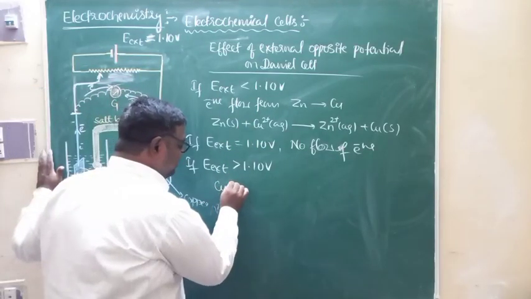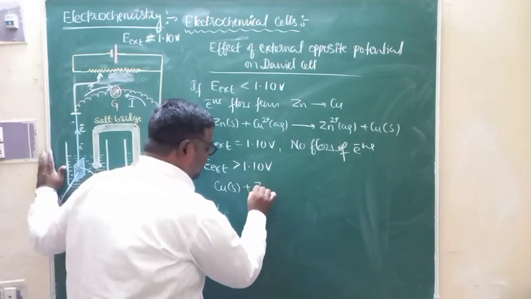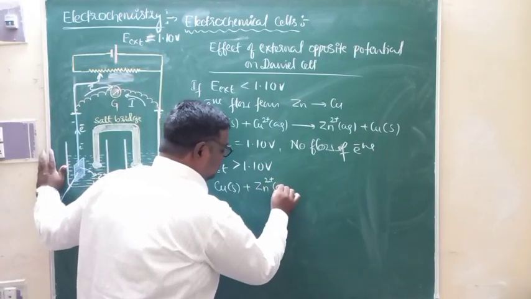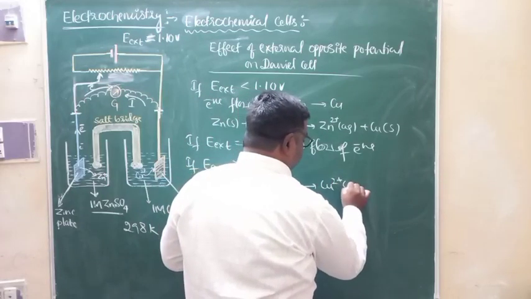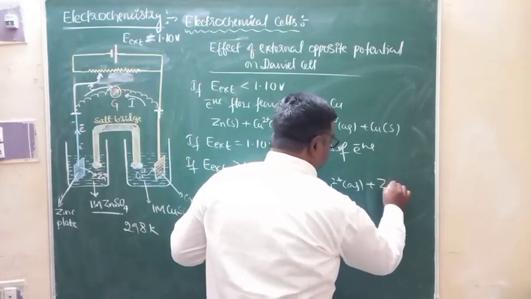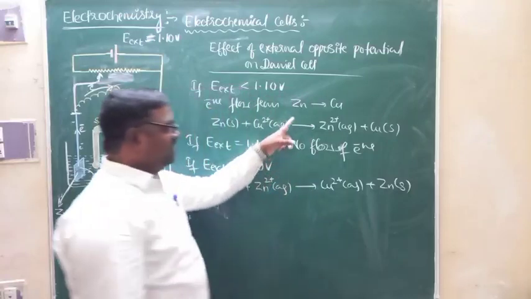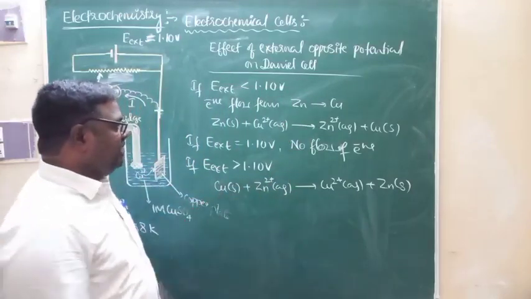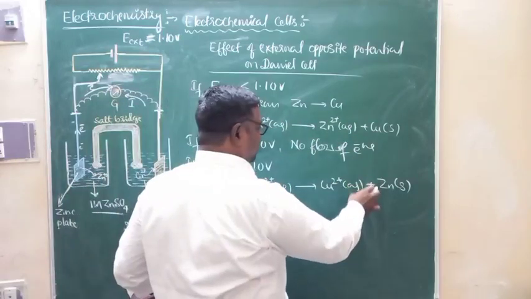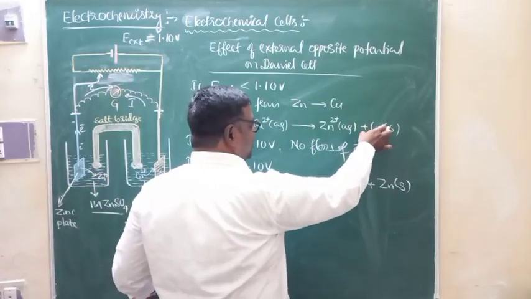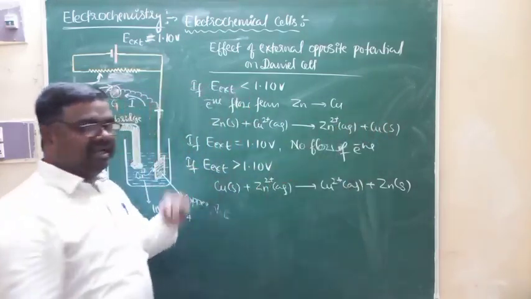Copper undergoes oxidation and gets converted to copper ions. Zinc ions will undergo reduction. This chemical reaction is exactly reversed. Earlier Zn and copper ions were reactants, but now they are products. Earlier Zn and copper atoms were products, now the reactants are reversed.